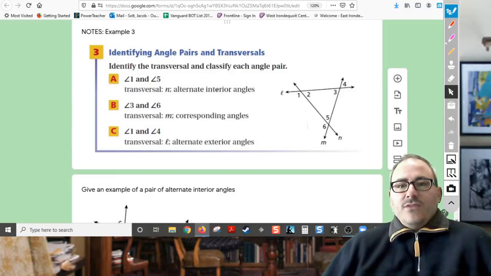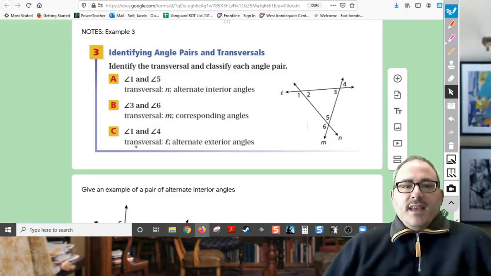All right. Let's see. If I give you angle 3 and angle 6, there's angle 3, there's angle 6. I notice that they're on the same side of the line. I notice that they're both in the lower left-hand corner of where these things touch. These are going to be corresponding angles because they're in the same position. They correspond to each other.